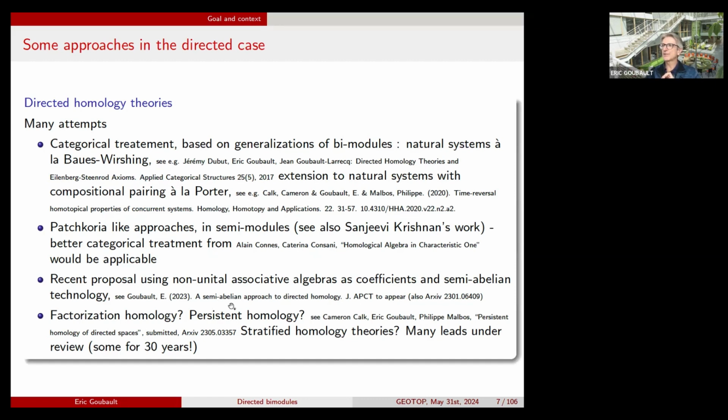And I did propose recently a semi-abelian kind of approach using associative algebras as coefficients, which tells you quite a lot and has some exact sequences, but not as many as in the current framework. And of course, there have been many other leads that we've been trying for quite a while.